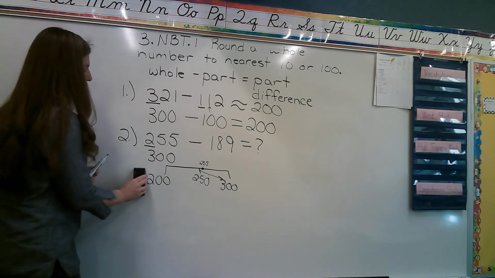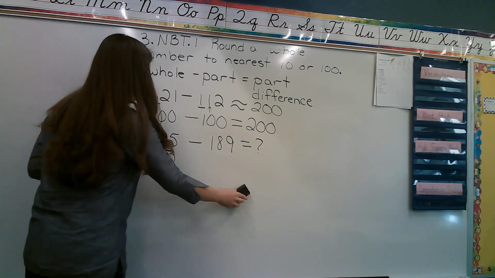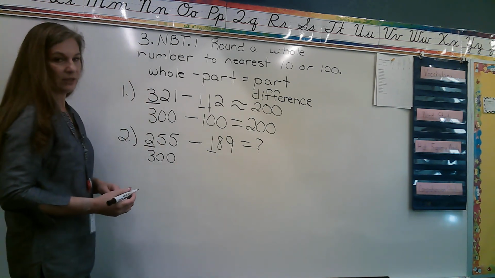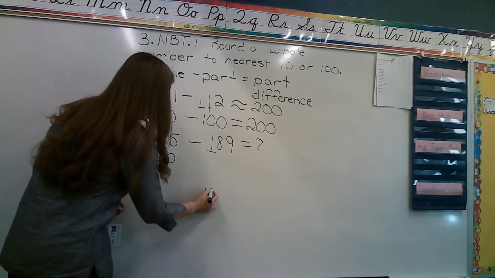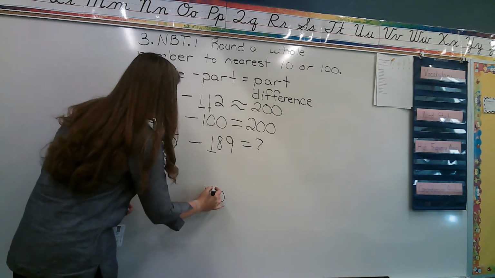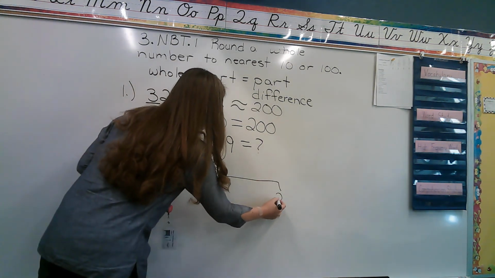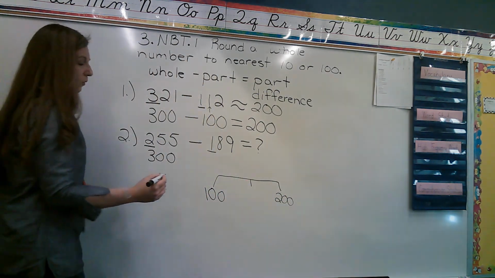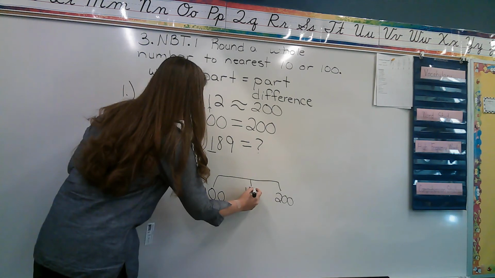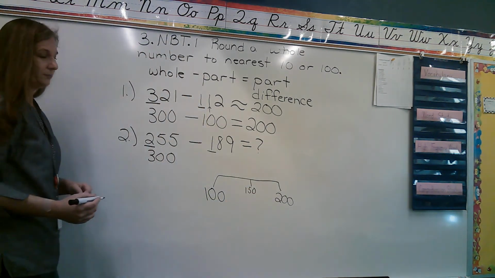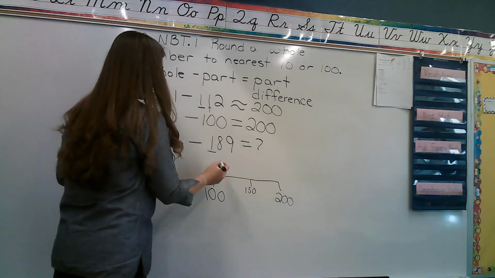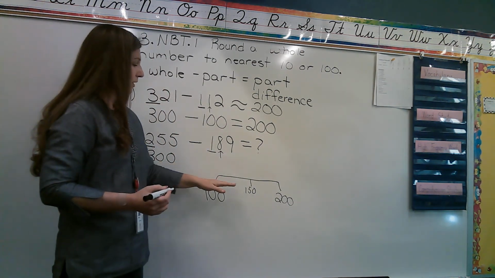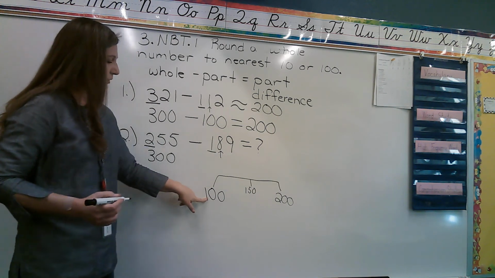So now let's take a look at 189. I look at the hundreds place because that's the place value it wants me to round to. And I know it's between 100 and my next 100, which is 200. Now again, we know that 150 is going to be in the middle, and we're going to use that as our benchmark to decide, are we going to round up to 200 or down to 100?